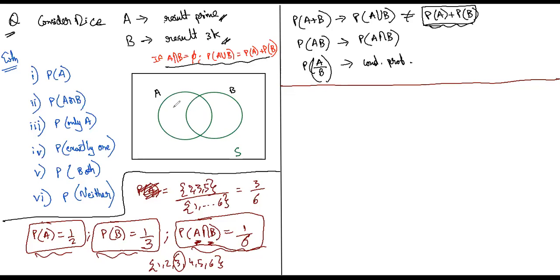But there are regions which I can say are mutually exclusive. Okay. Let me use different colors for different regions. This region, calling it region 1. This region, the intersection part, region 2. This region, which is representing only B, region 3. And finally, this region, region 4. These 4 are 4 mutually exclusive sets. Okay?